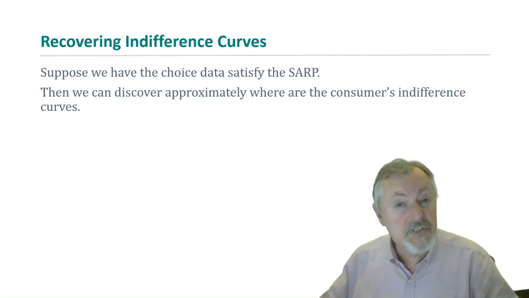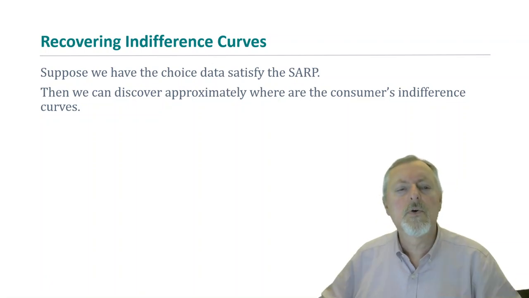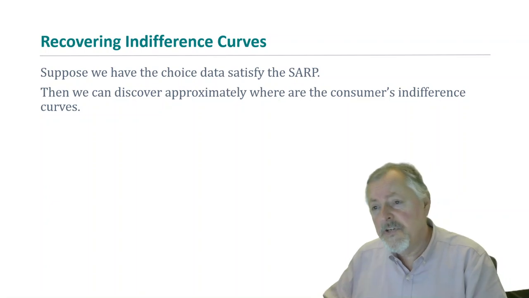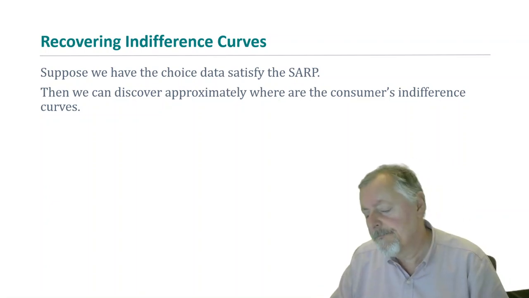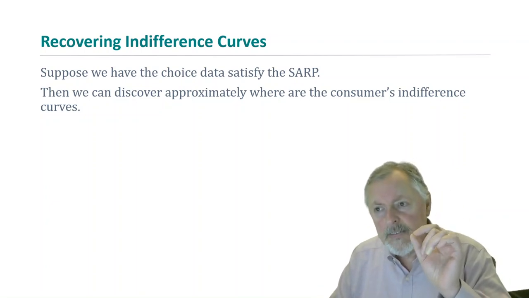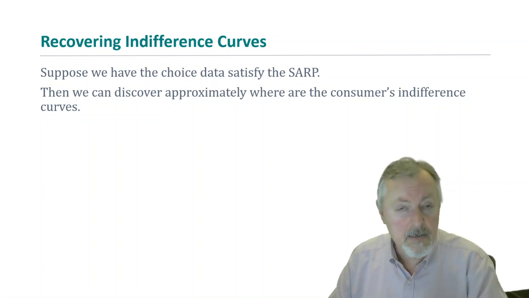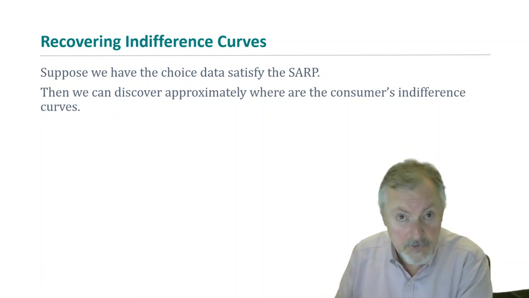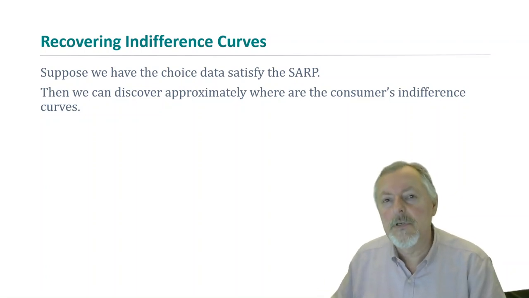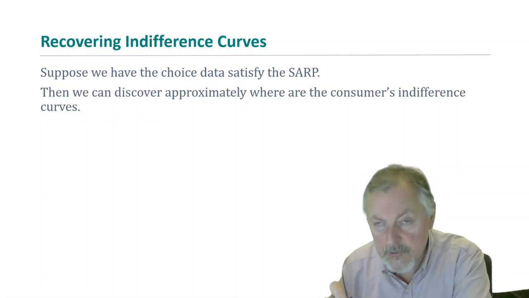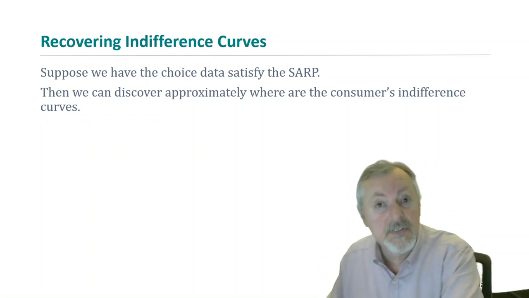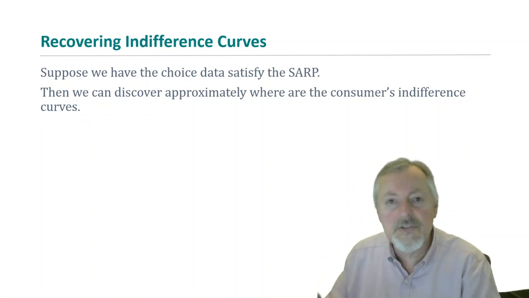These are two standards for what it means for a set of choices to be rational. One a little stricter definition, one a little less strict. But by examining choices in the light of these two standards, we can recover preferences. You can't see preferences, but it's possible by watching choices and applying these two standards to figure out where this person's indifference curves are within certain limits.